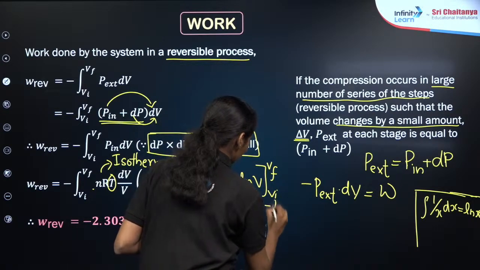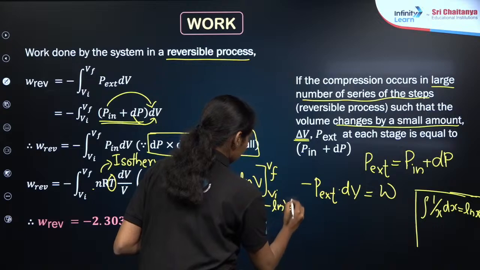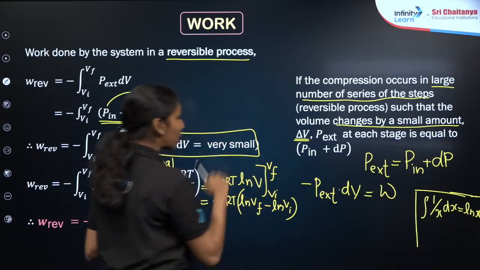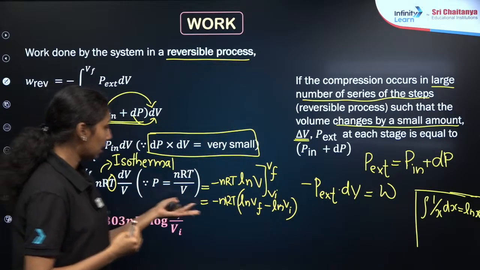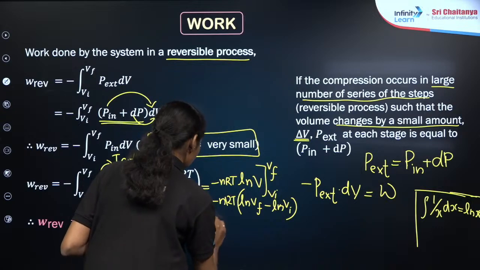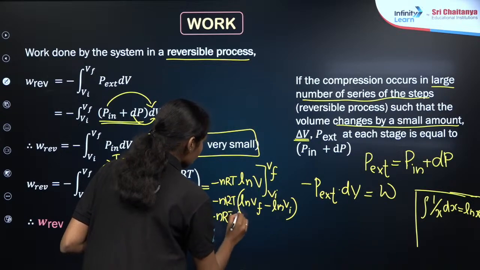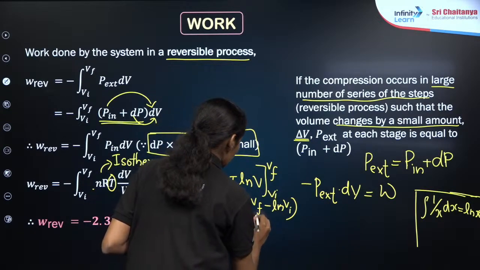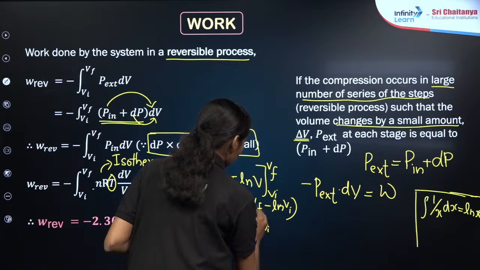If log A minus log B is equal to log A by B, then it will become minus nRT into natural logarithm of Vf divided by Vi.